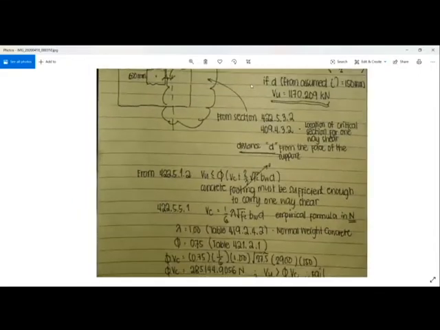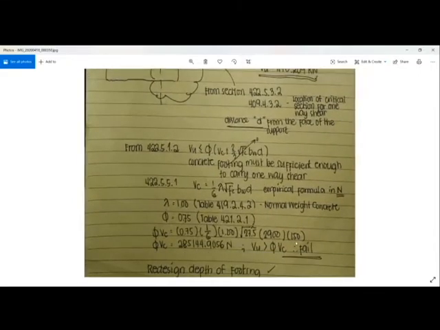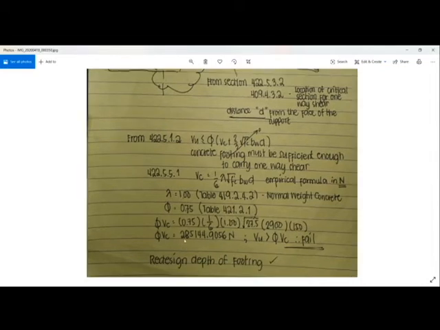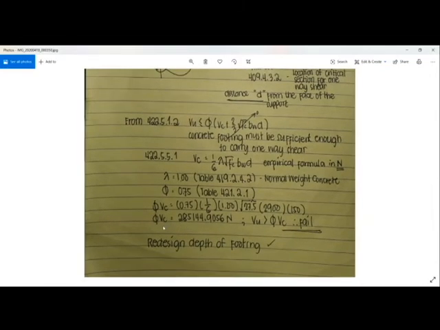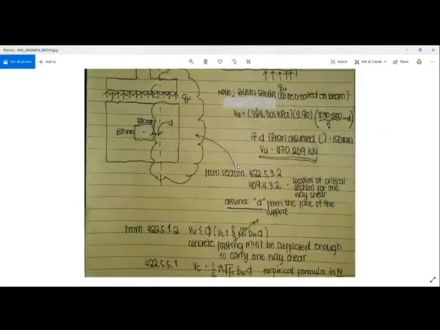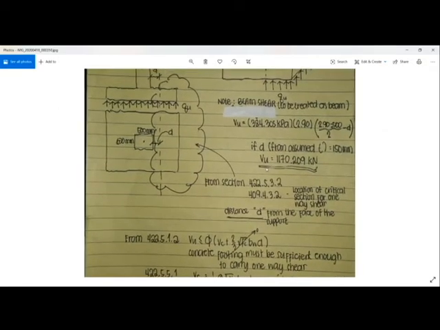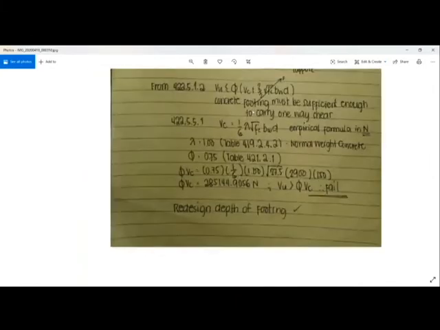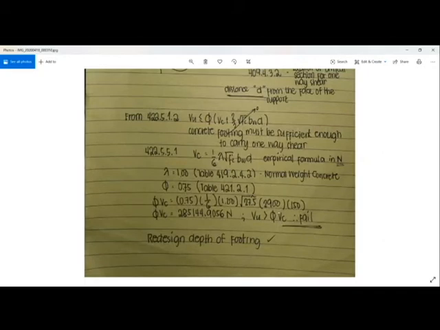Okay, and then multiplied by our computed depth equal to 150. So our phi Vc is equal to 285,144.9056 Newton. So pagka ang Vu natin in kilonewton, pag minultiply natin ng 1,000, it is 1 million plus. So therefore, we know na it fails.